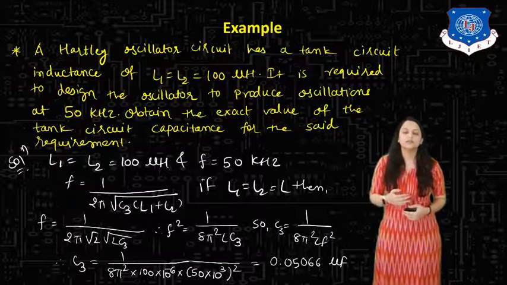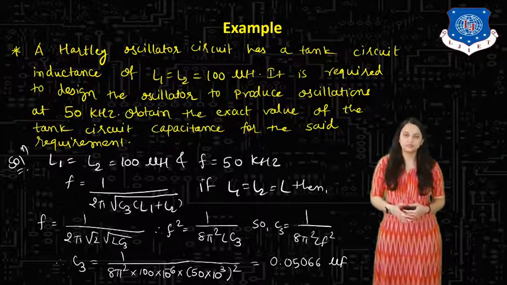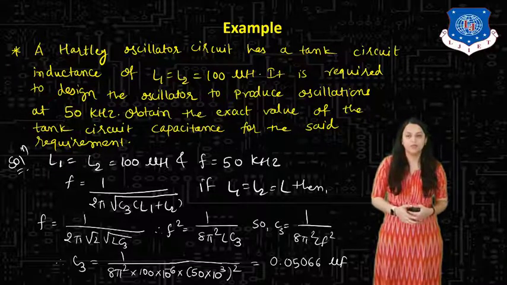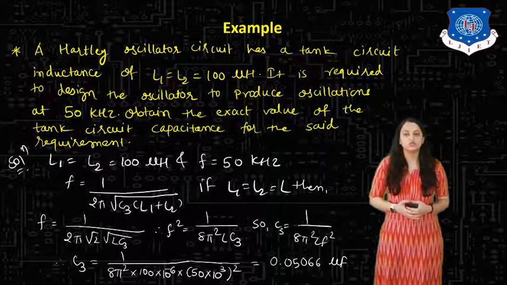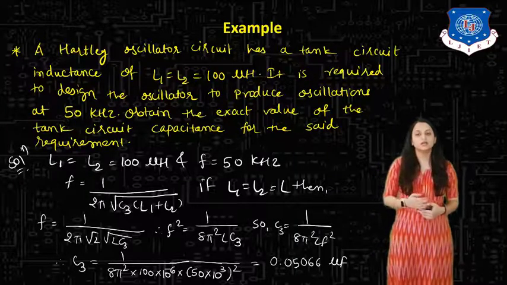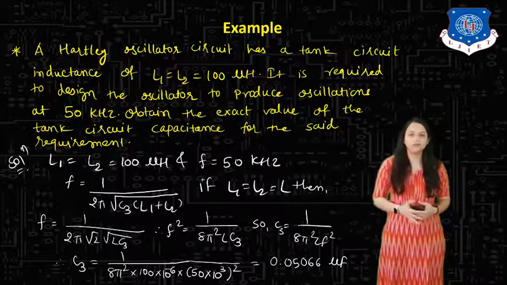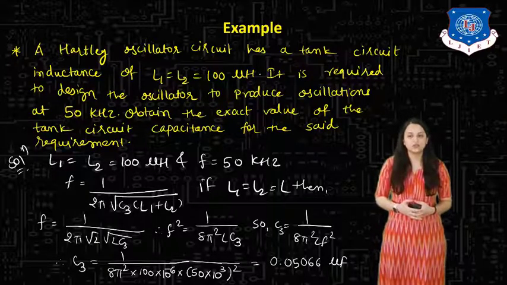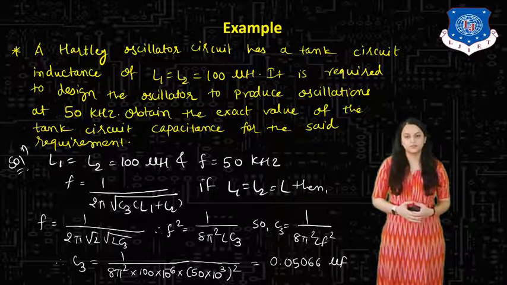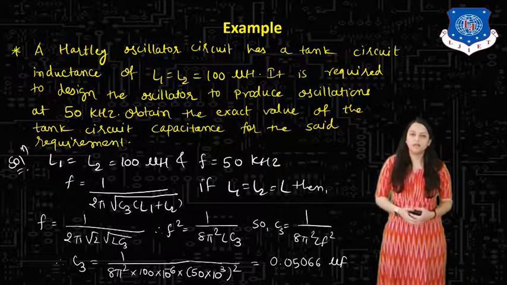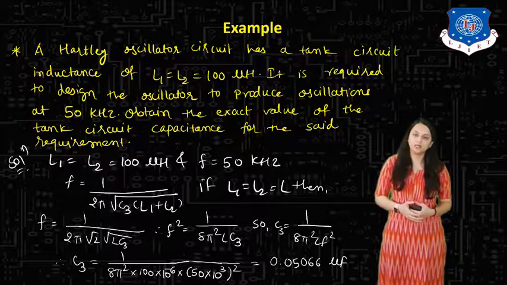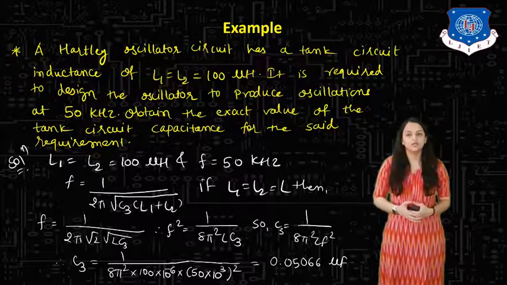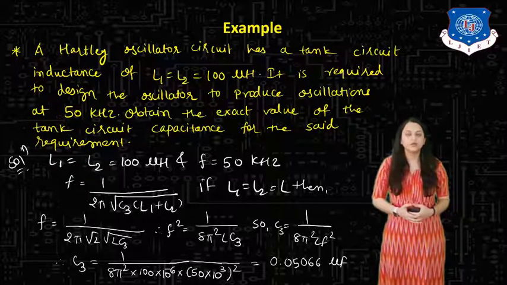Obtain the exact value of the tank circuit capacitance for the stated requirement. So here L1 equals L2 equals 100 microhenry, and frequency is also given, that is 50 kilohertz. Now we know that the frequency formula for the Hartley oscillator is 1 by 2 pi under root of C3 into (L1 plus L2).